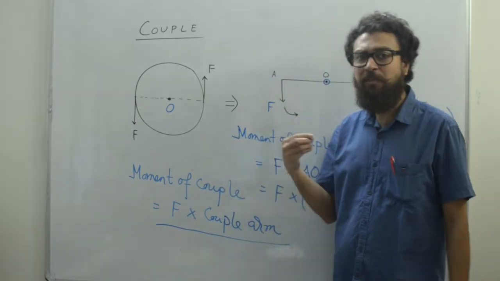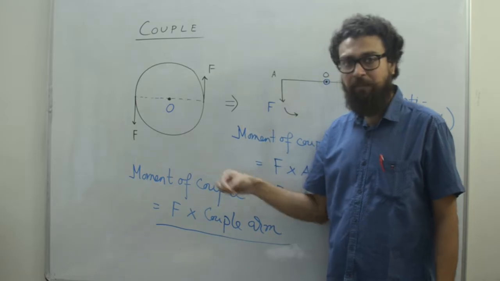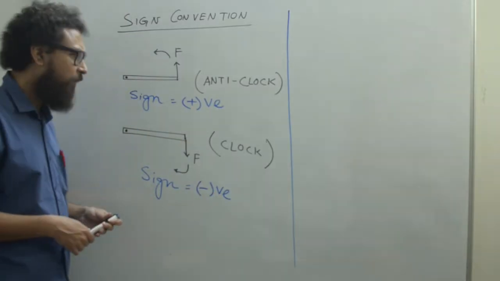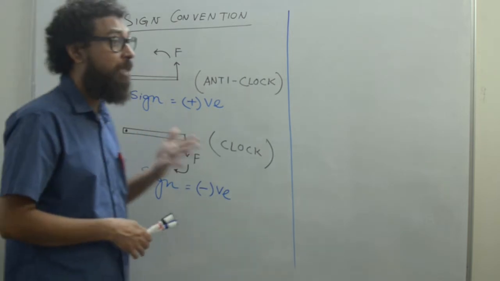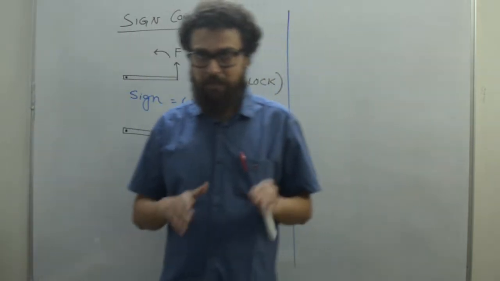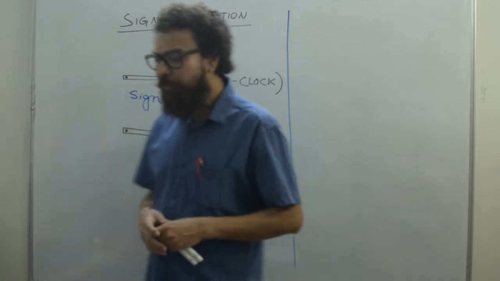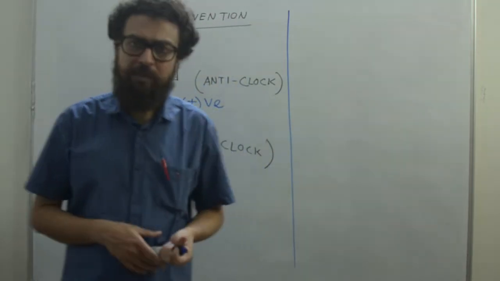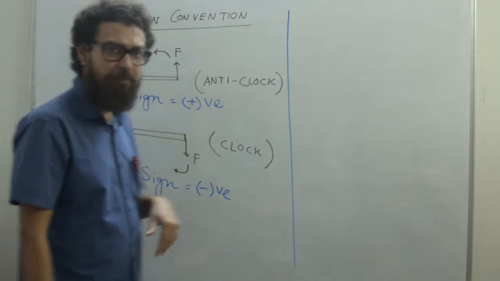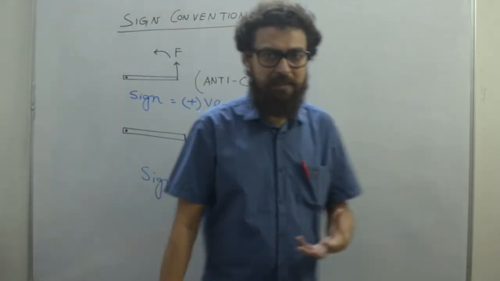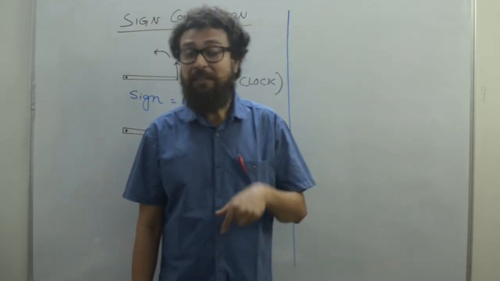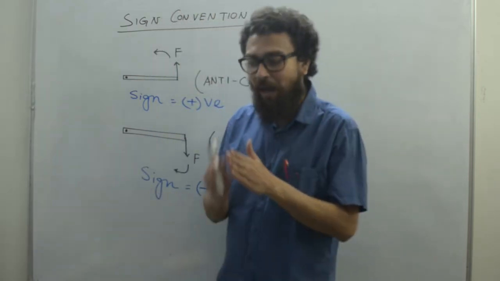Before going into the numericals, we have a few more things to know. Now we are very much interested in the sign convention. Why are we interested in the sign convention? Sign convention for the moment of forces. Because force is a vector quantity and we are multiplying the perpendicular distance with the force, the result is definitely a vector quantity, and a vector quantity has direction.